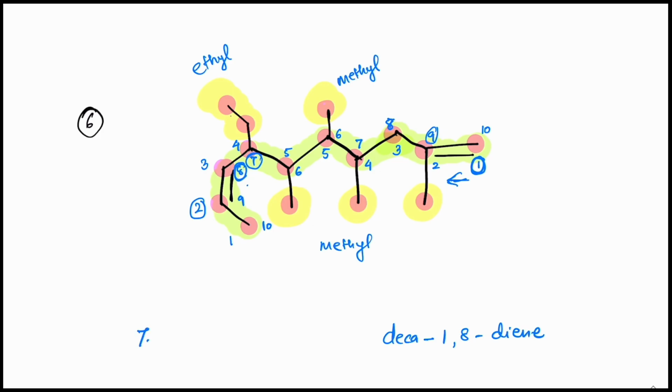So it is 7 ethyl, and the methyl groups are at carbon number 2, 4, 5 and 6. So 2, 4, 5, 6. There are 4 methyl groups, so it will be tetramethyl.